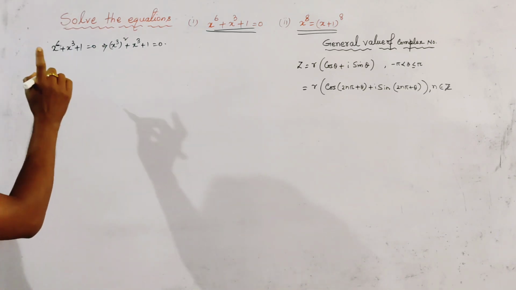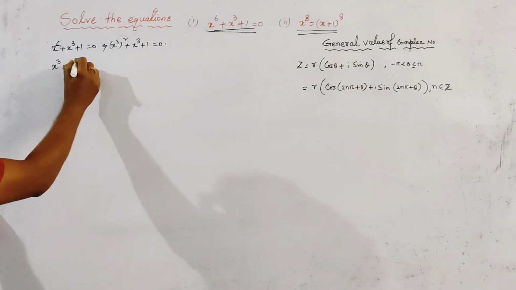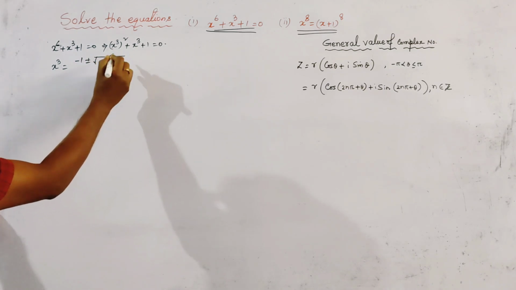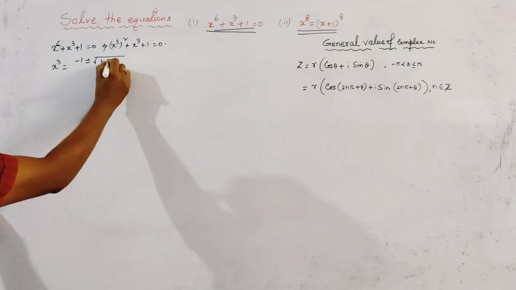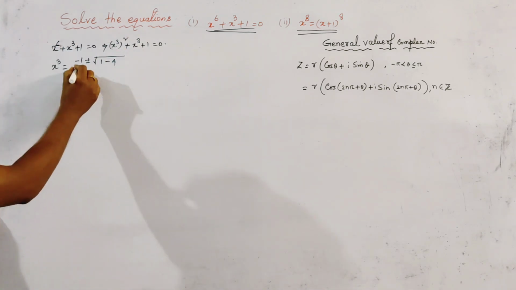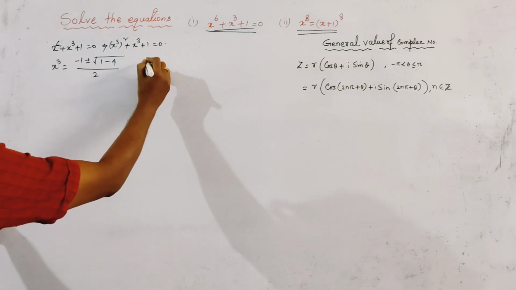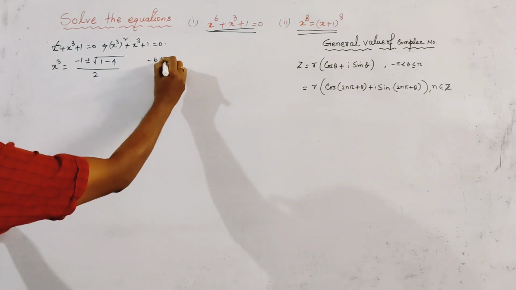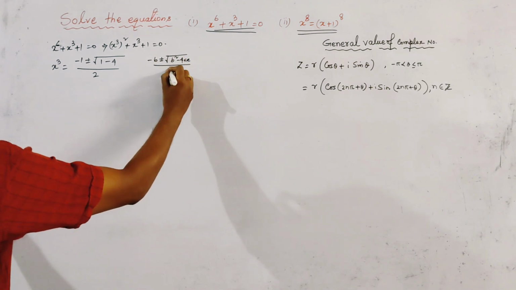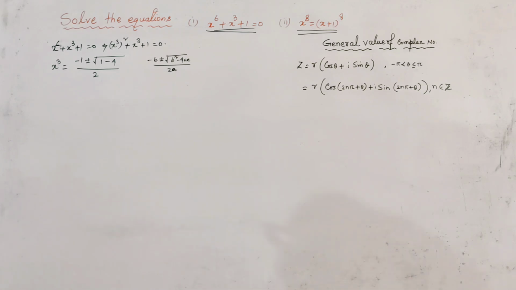By using Acharya's formula, we get x cube equal to minus b, that is minus 1, plus minus root under b square minus 4ac, where a and c are 1 into 1, by 2a, this is 2 into 1. Here we use the result minus b plus minus root under b square minus 4ac by 2a. Right? This is Acharya's formula.